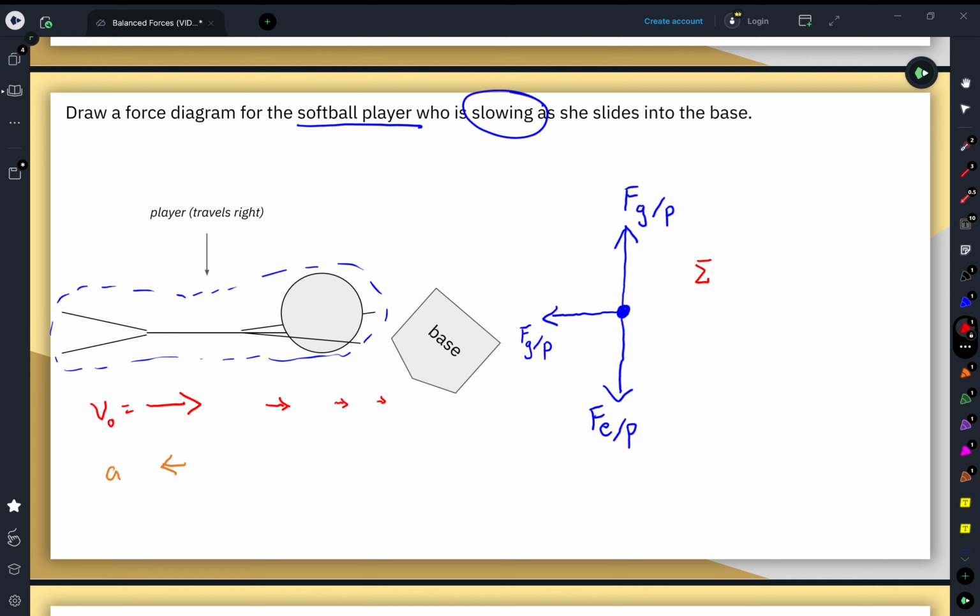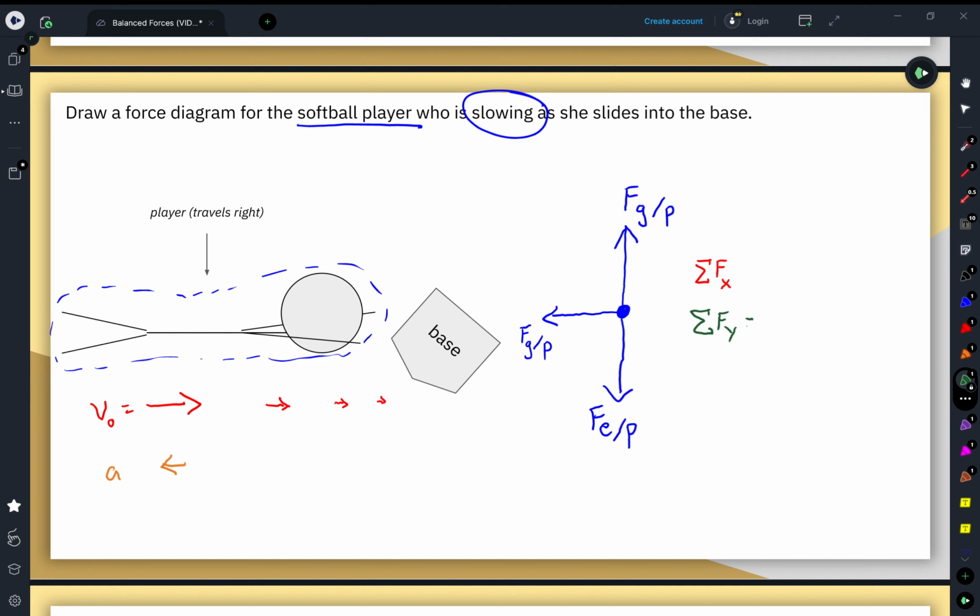We can write a summation equation for all of the forces that are horizontal, or acting along the x-axis. And then we can write a separate equation for the sum of all of the forces acting on the y-axis. That will allow us to explain the motion left and right, and up and down a little bit easier.